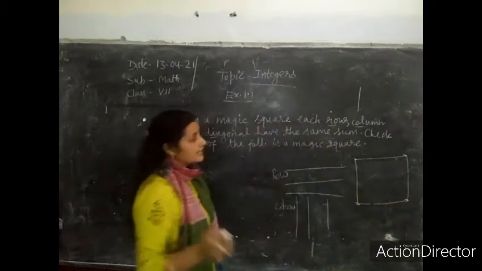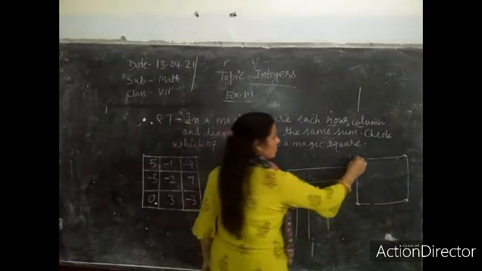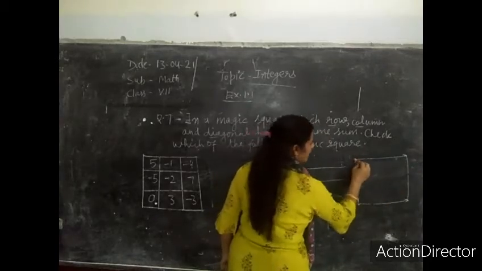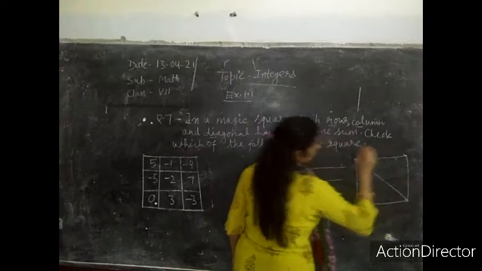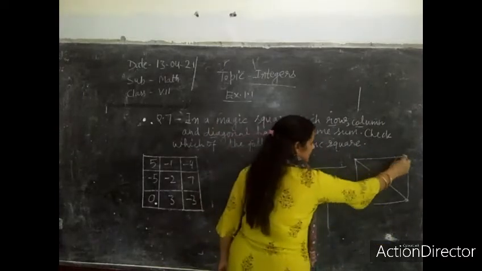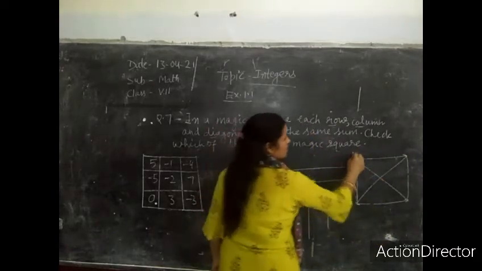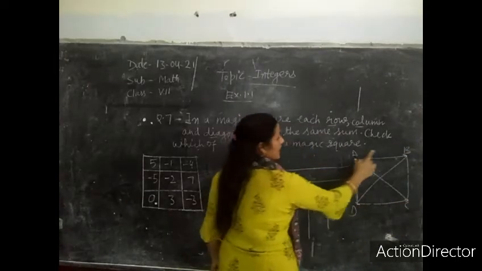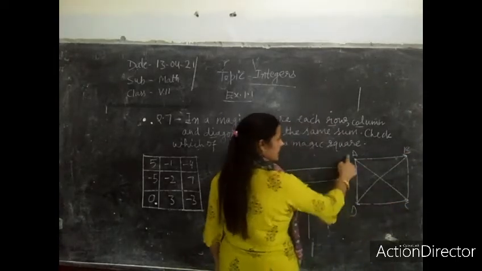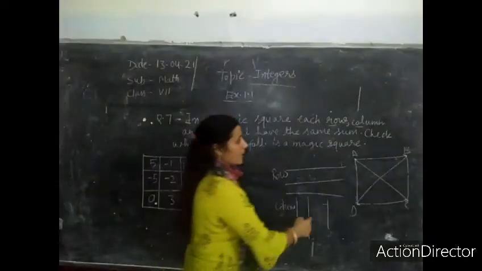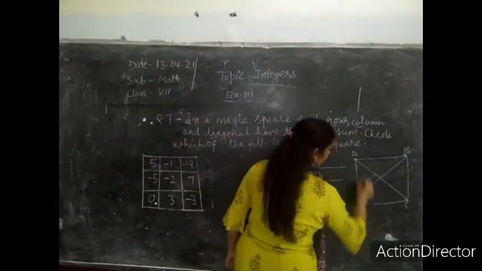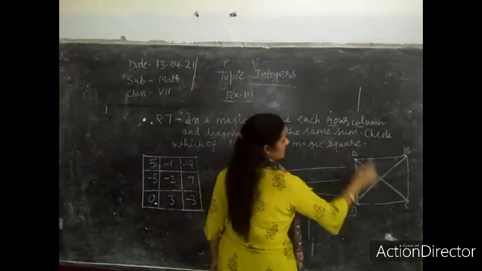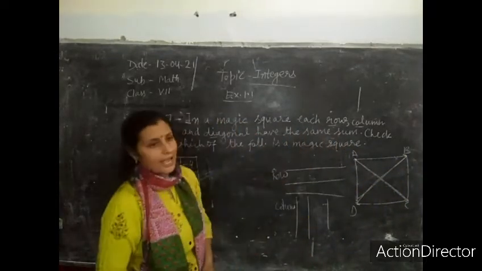The plural of vertex is vertices. Diagonal is this one. If I mention A, B, C, D, then AB, BC, CD and DA are sides, but AC is a diagonal of the square, and BD is the other diagonal of this square. So this is called a diagonal.